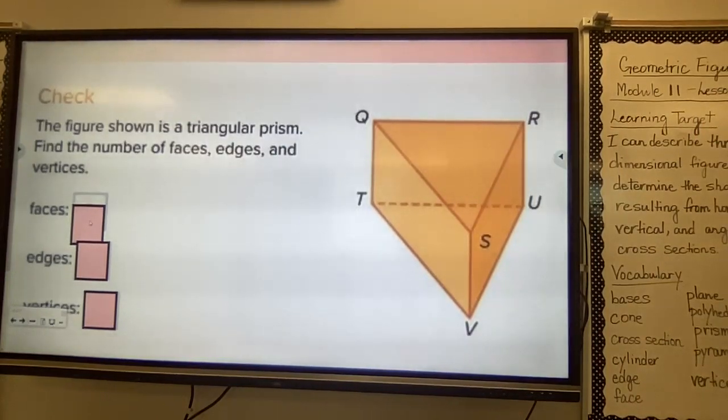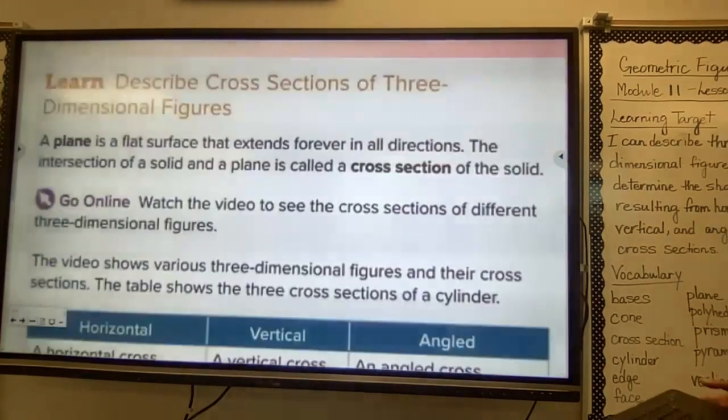All right, now let's quickly talk about a cross section of 3-dimensional figures. Okay, so a plane is a flat surface that extends forever in all directions. And the intersection of a solid and a plane is called a cross section of the solid. So let me just show you some examples.